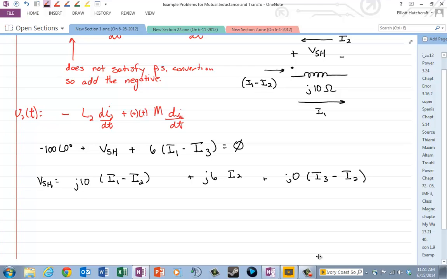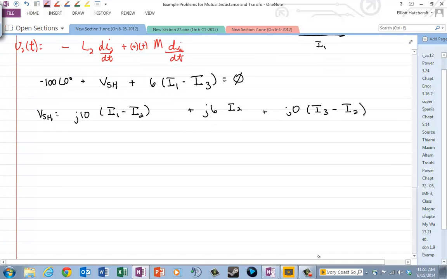So then what I could do is rewrite and substitute this equation there, and it will look like a normal mesh equation. So I'll write minus 100 angle 0 plus V5H.